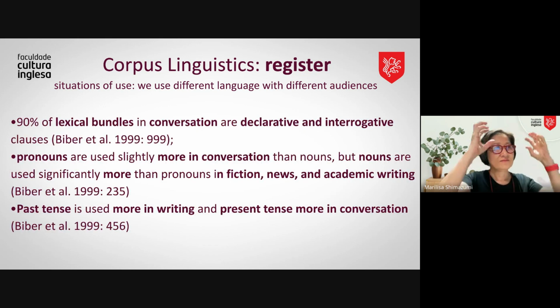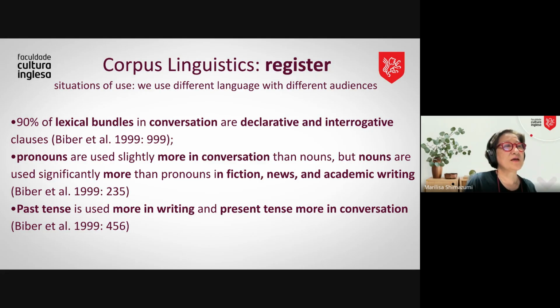So again, Professor Biber came up with these findings. 90% of lexical bundles in conversation are declarative and interrogative clauses. This is a huge finding. So affirmative sentences and questions tend to appear more often in conversations.